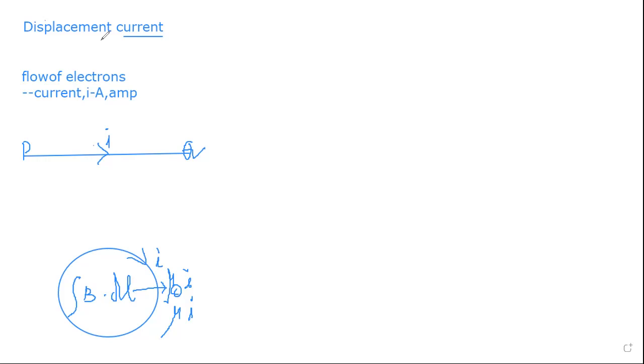Then how is this displacement current produced? So this was observed by Maxwell. This is Maxwell theory on displacement current here.